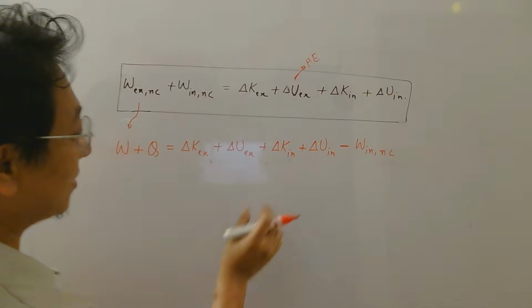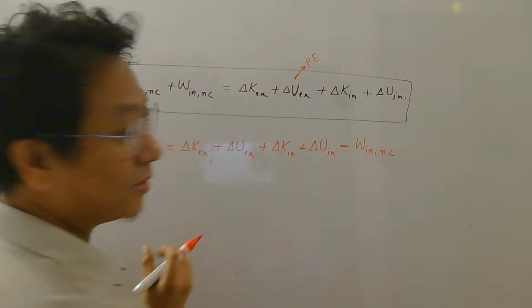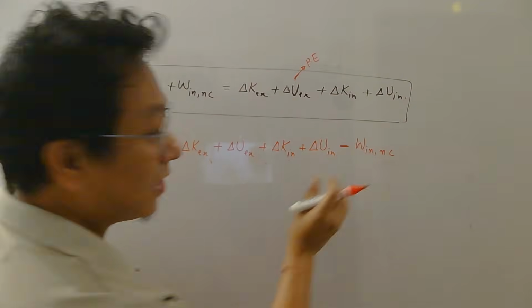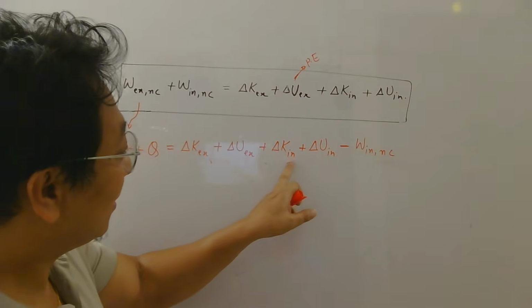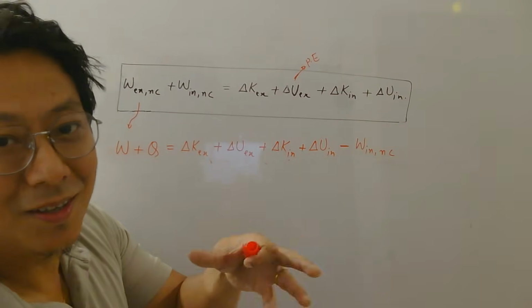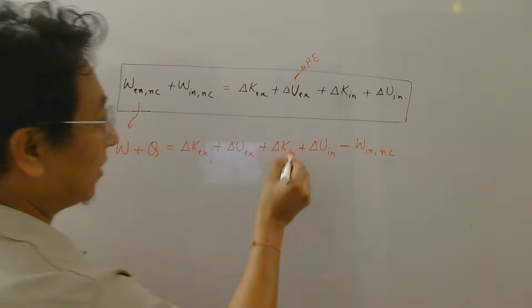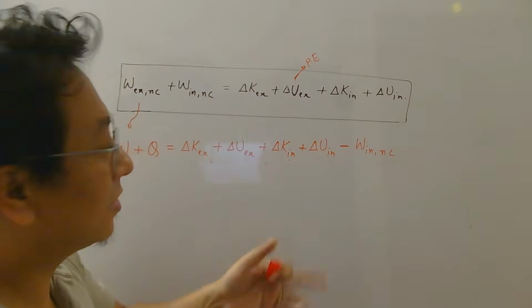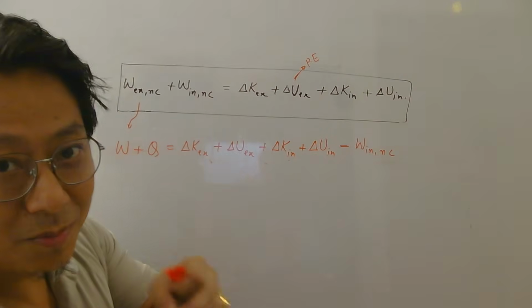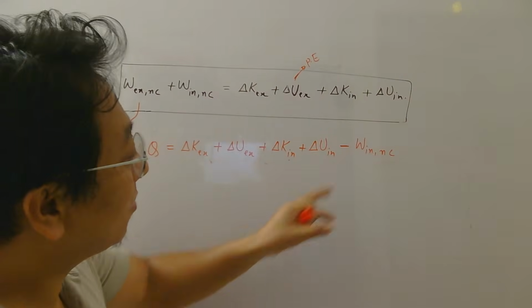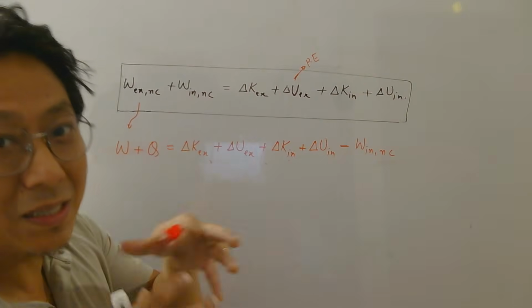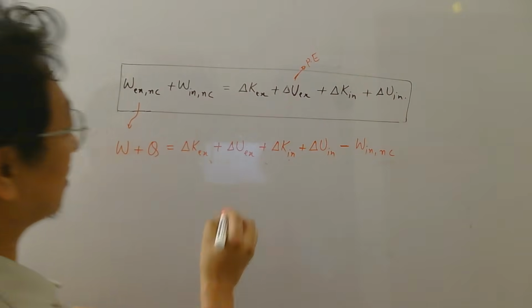Now you can notice that these three terms have something common, right? And these three terms are associated with what? The internal constituents of the system. So this is the change in kinetic energy of the molecules of the system, change in potential energy between the molecules of the system, and this is the work done by the internal non-conservative forces.